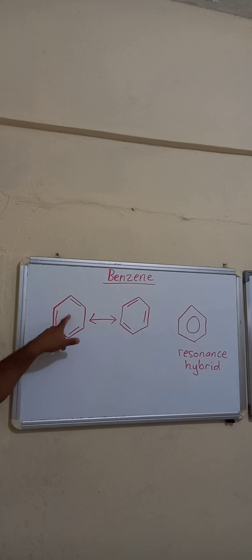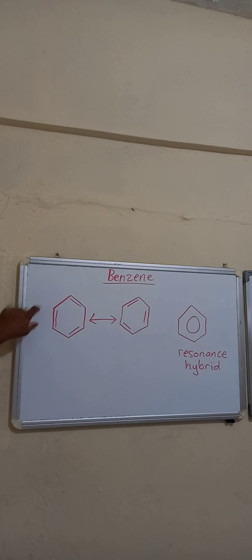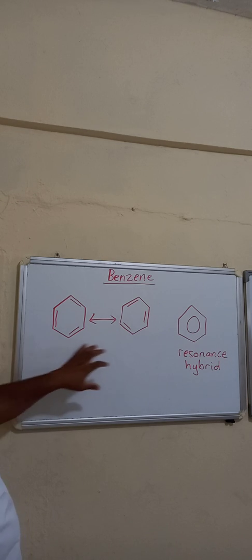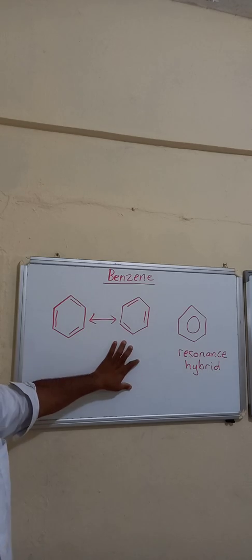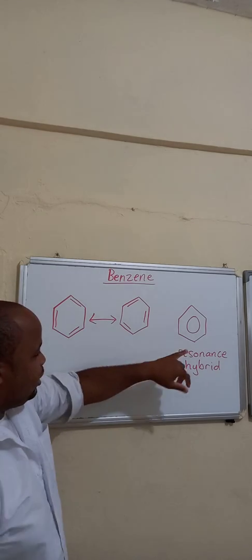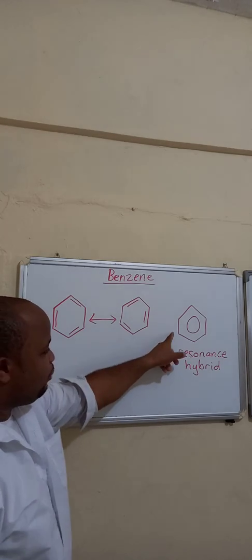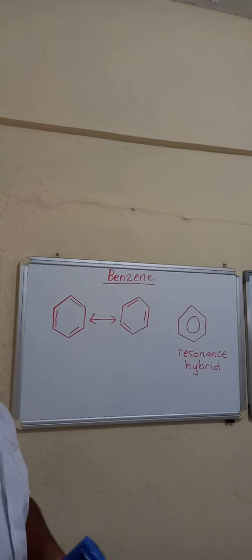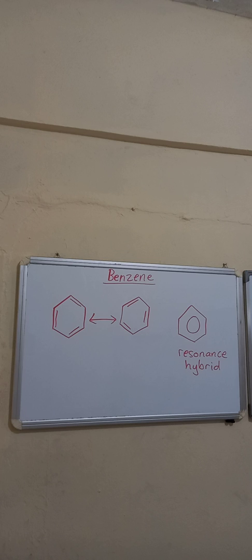So these now are the structures for benzene that you will be drawing, without showing the carbons and the hydrogens. When you're doing mechanisms, you can use either of these structures. And this is the resonance hybrid, the benzene ring with the circle inside showing that the electrons are delocalized.